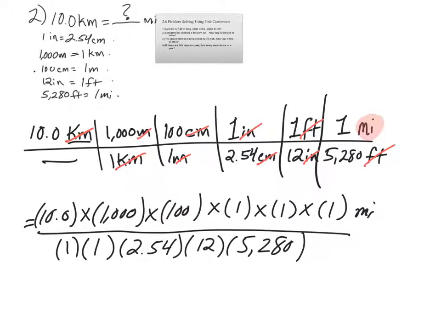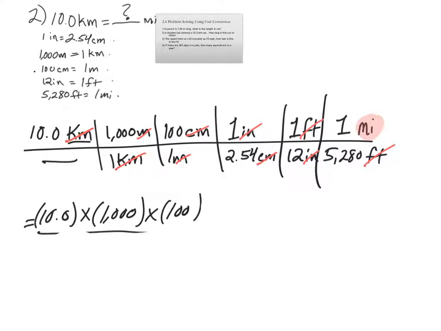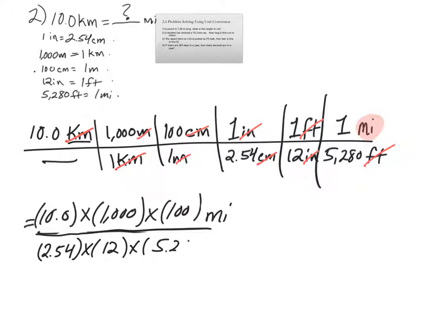And yes, I got lazy and I didn't write in the multiplication signs, but you don't really need to with parentheses. They're implied. We also don't really need to write in the number ones, because multiplying by 1 is not changing the value of anything. So we could just erase all that. Maybe I'll rewrite it. But in other cases where there aren't ones, you would need to write them in. But you've got 2.54, 12, and 5,280.